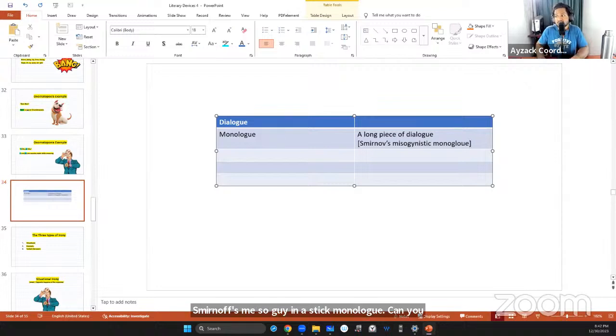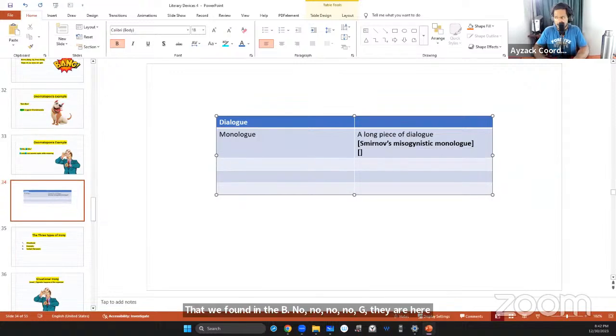Smirnov's misogynistic monologue was an example for monologues that we found in The Bear. We had more examples. We had Sue's dramatic monologue in Twilight of a Crane. So a monologue is a long piece of dialogue.